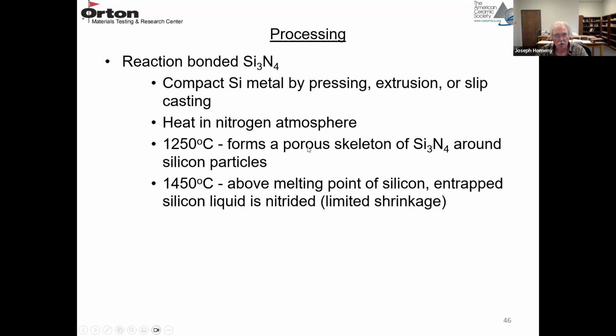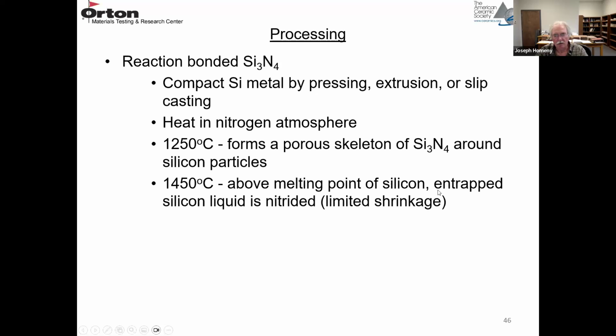So basically, you're forming a porous skeleton of silicon nitride around the silicon metal particles. So once you have this porous skeleton, you can go to a higher temperature, and that's above the melting point of silicon. So when you're above the melting point of silicon, the nitrogen reacts much faster to form silicon nitride.